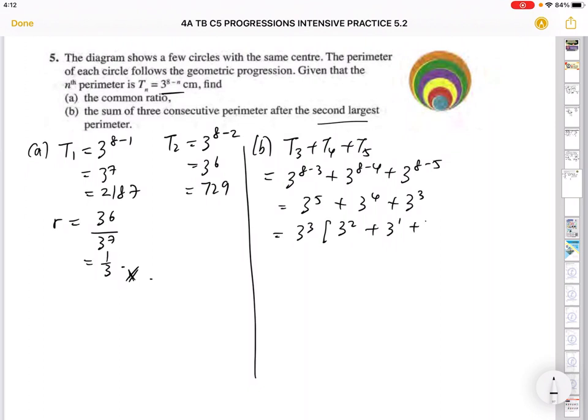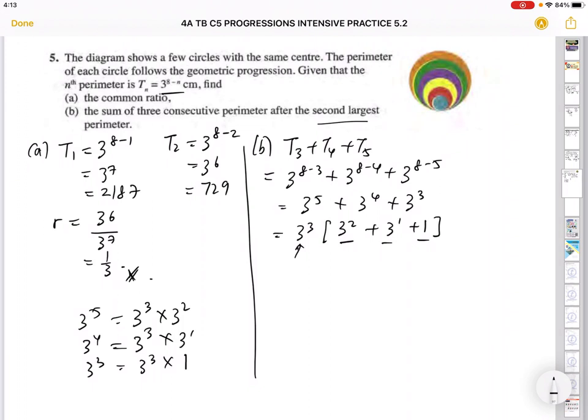Basically I'm just factorizing the common factor. When you have 3 power 5, it's basically 3 power 3 times 3 power 2. I take out 3 power 3, I'm left with 3 power 2. If you have 3 power 4, I can think 3 power 3 times 3 power 1. I take out 3 power 3 here, I'm left with 3. And if you have just 3 power 3, when you take it out, it's 3 power 3 times 3 power 0, or just 1. So I'm left with 1 here.